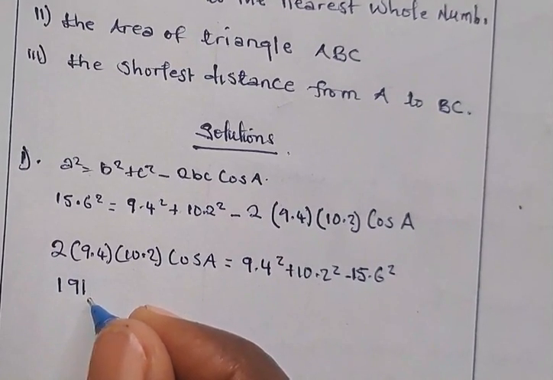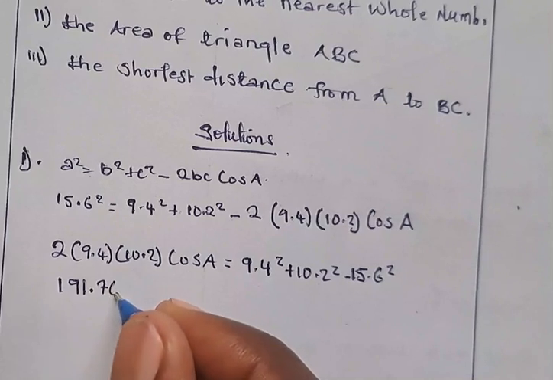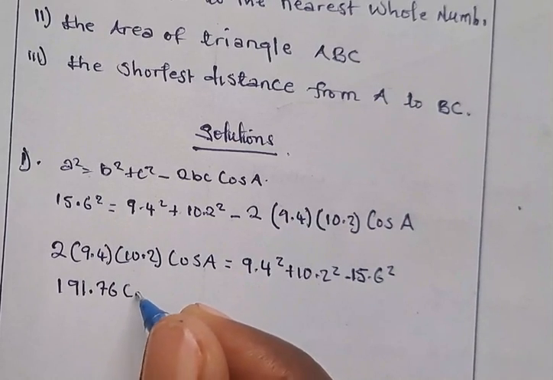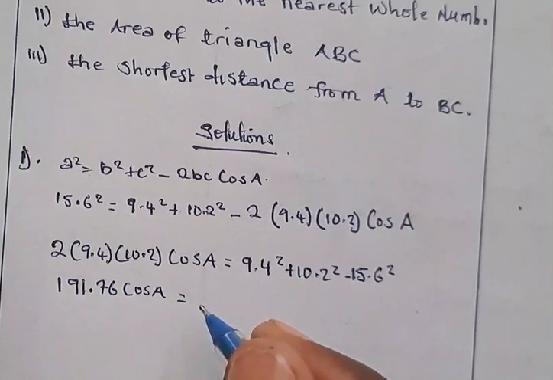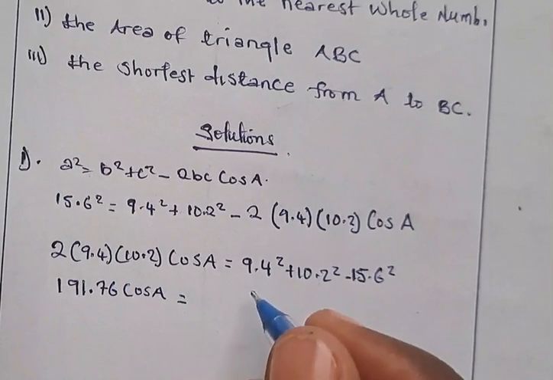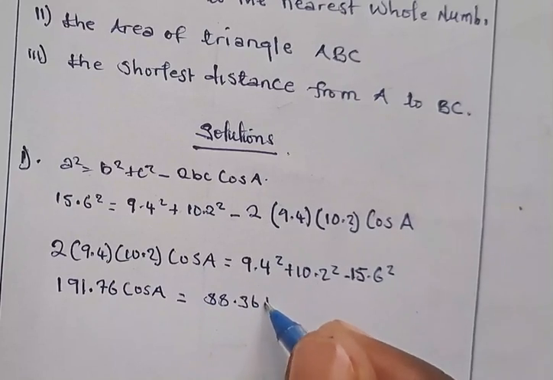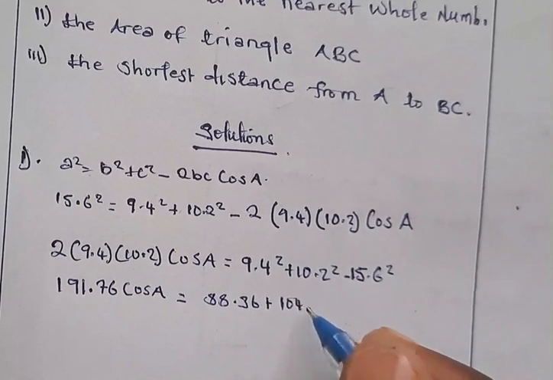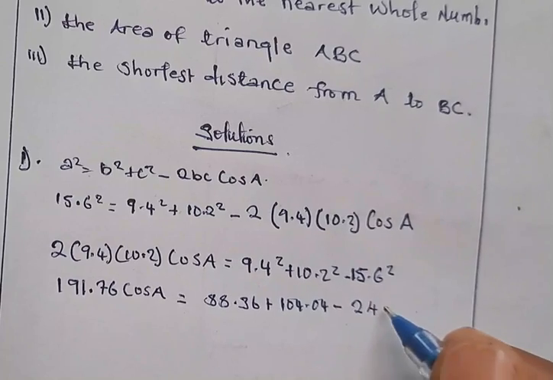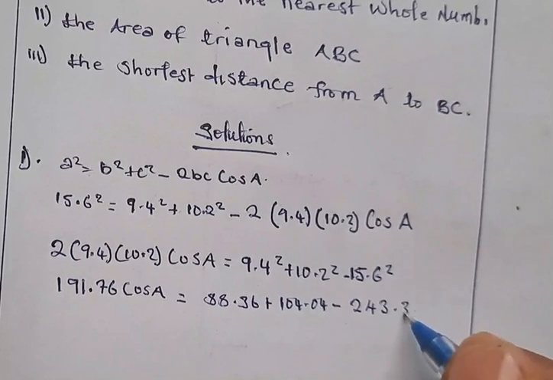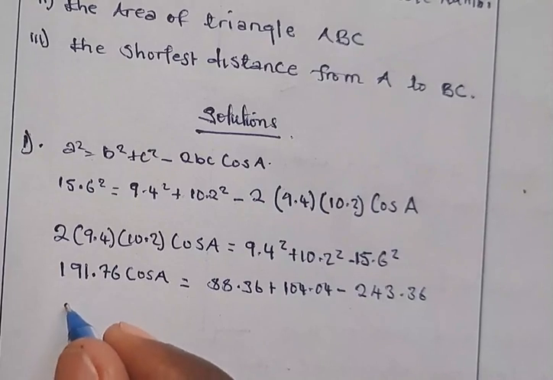That is 191.76 cosine A, the whole of this is equal to, and then this one will give us 88.36 plus 104.04 minus 243.36.